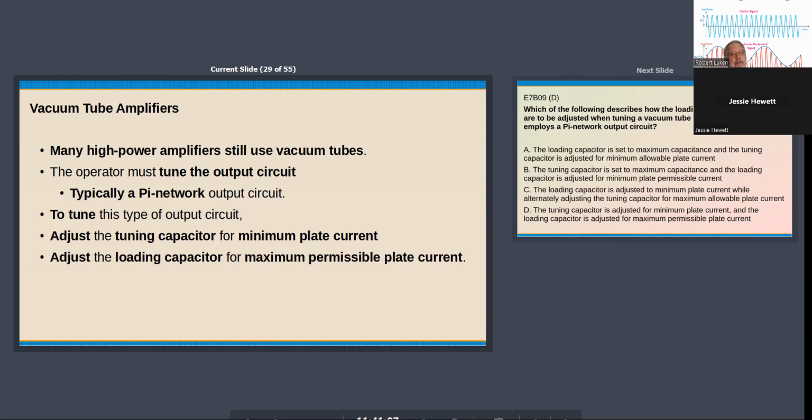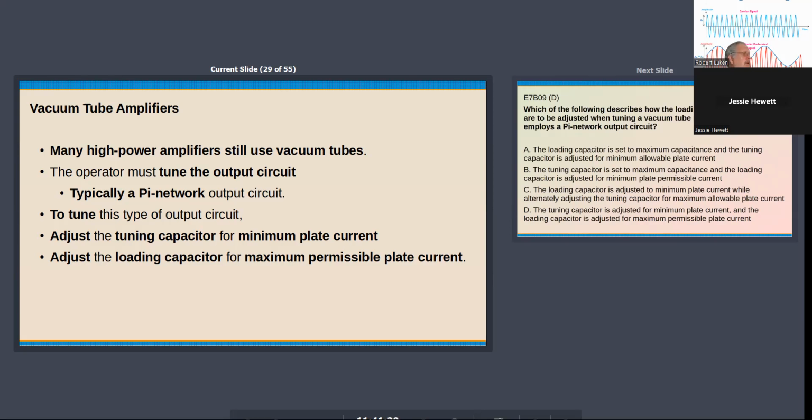So in the tube type, the output circuit will normally have a pi network as the output filter and also as a matching network. In order to tune it, it's my understanding you kind of have to tune them for every band.